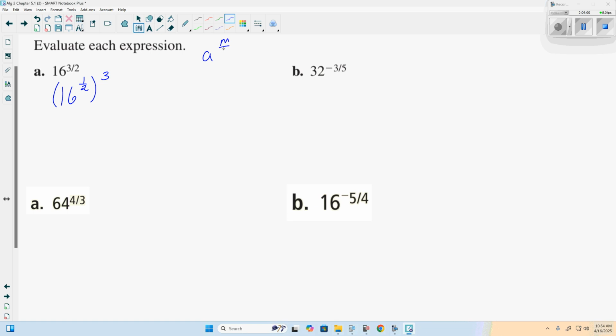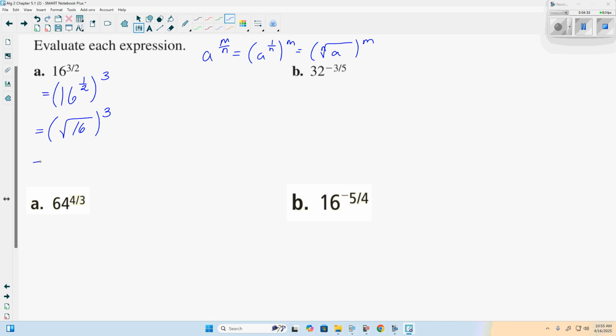We're just using, again, that a to the m over n is the same as a to the 1 over n to the m, is the same as the nth root of a to the m. So the next thing this is going to tell us is we can rewrite this as a radical. Now the number that goes in that index would be 2. Well, that's understood to be the square root.